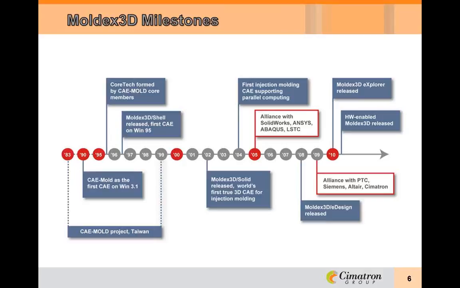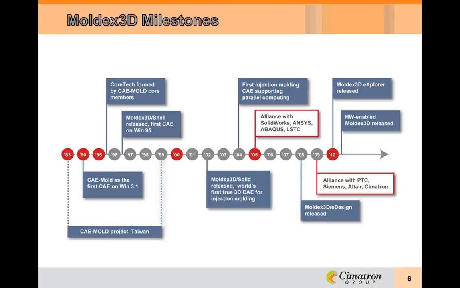Okay, thanks, Ralph. Moldex has a rich history of innovation and growth as a true industry leader. After combining various resources from academics, industry specialists, and customers, the predecessor of Moldex 3D was first released in the early 90s. It is believed to be the world's first CAE program to run on a Windows platform.